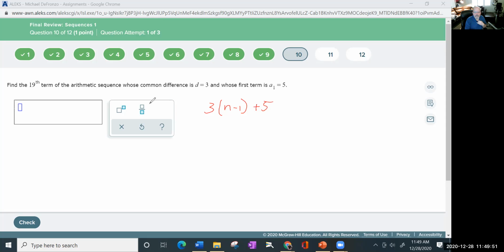So it says find the 19th term. So 3 times 19 minus 1 plus 5. And we're going to use a calculator. 3 times 18 plus 5 equals 59.